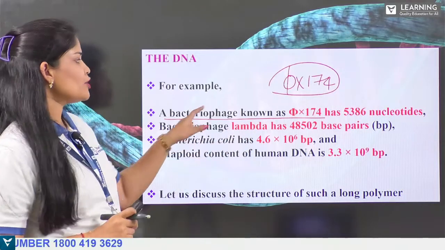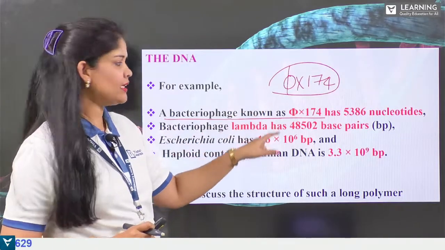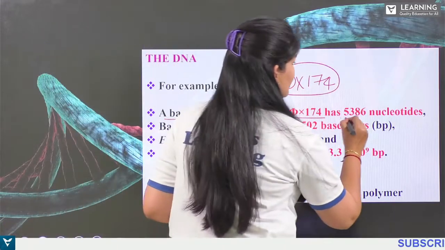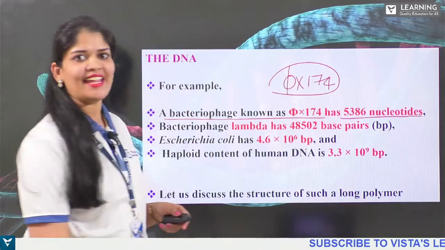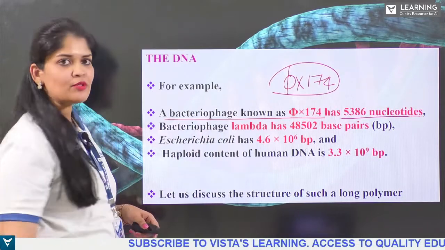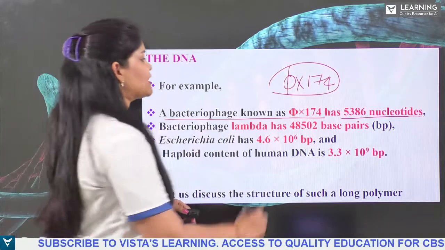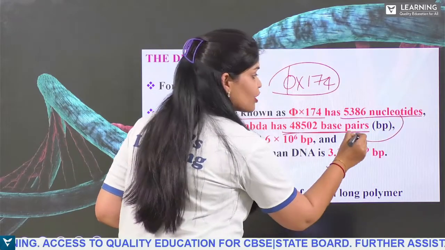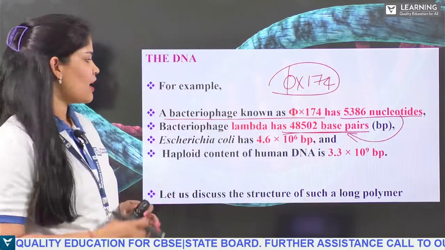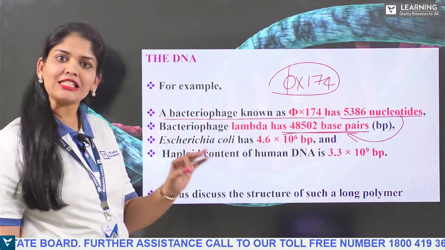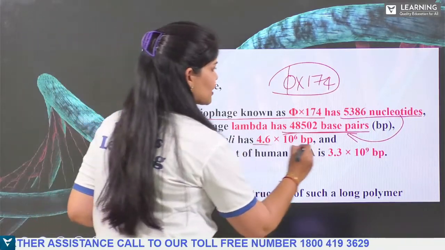Here, the bacteriophage known as phi X 174 contains 5,386 nucleotides. Now, coming to the lambda bacteriophage, it has 48,502 base pairs. Base pairs means pairs of nucleotides, right? And Escherichia coli has 4.6 into 10 to the power of 6 base pairs. These numericals are important to remember.